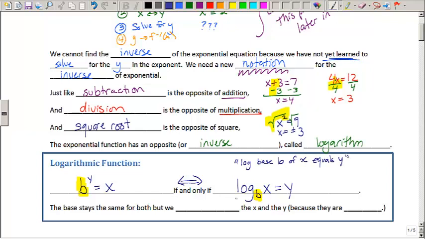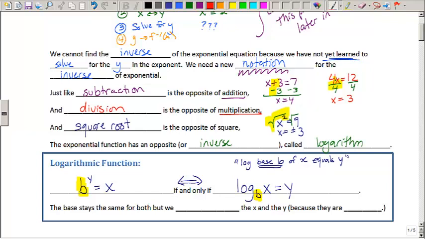That's how I pronounced this expression or equation over here. So the b, which we call a base in the exponential, and the b, which we also call the base in the log, is the same in both.